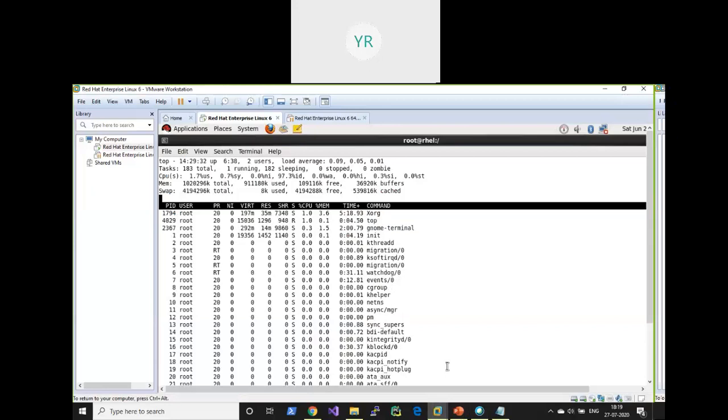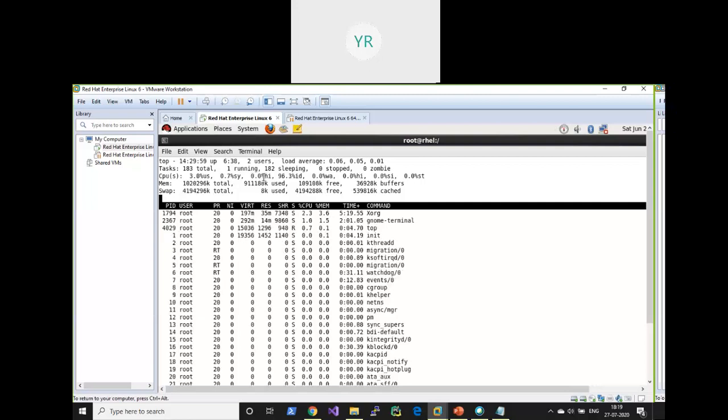Before starting a process, you can use the nice command to set that priority. If some nice value was set, then this field, percentage ni, will show it. Here I haven't set any nice value for any process, so it is 0.